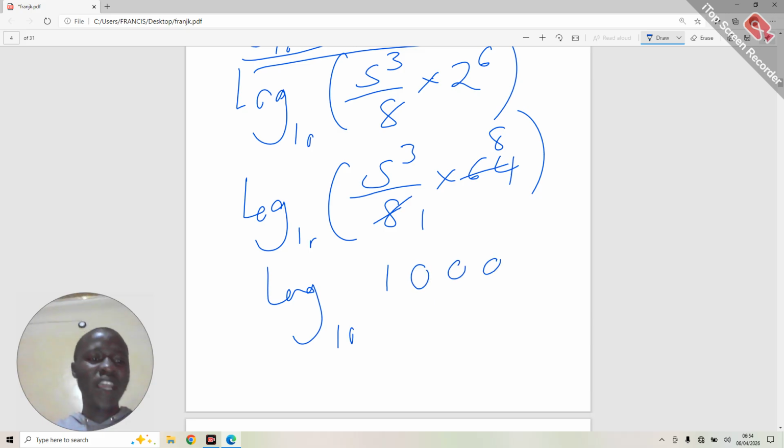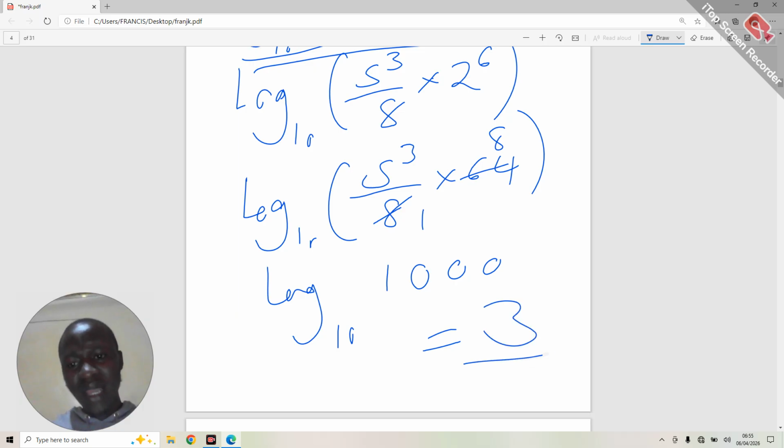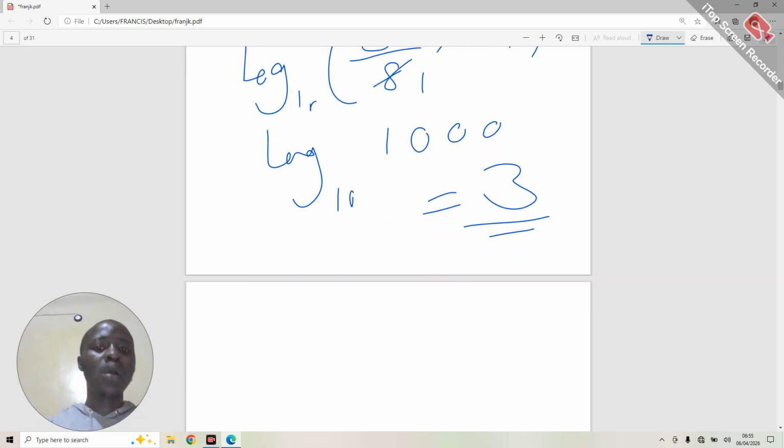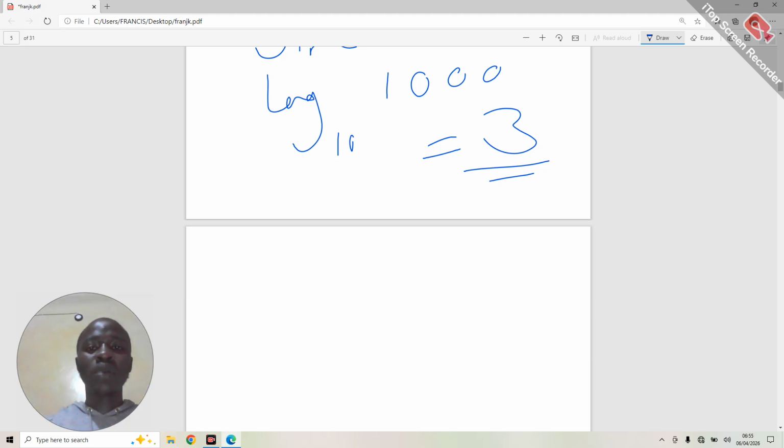And this one is very much easy. Just write there to the examiner your answer is 3. You won't be penalized. Where have you gotten that 3? It is something normal. Log 10 is 1, log 100 is 2, log 1000 is 3. That is something very normal. But that's the right way.